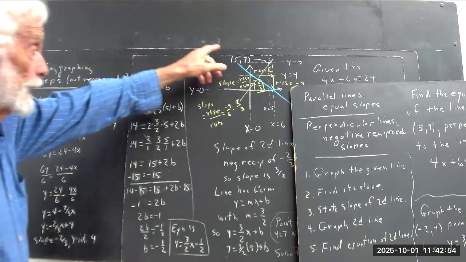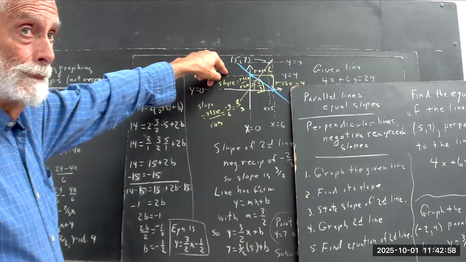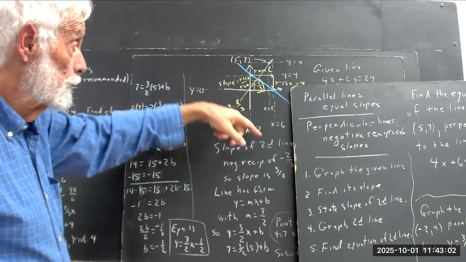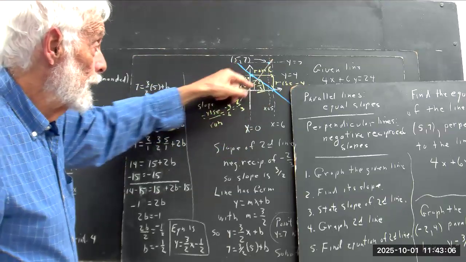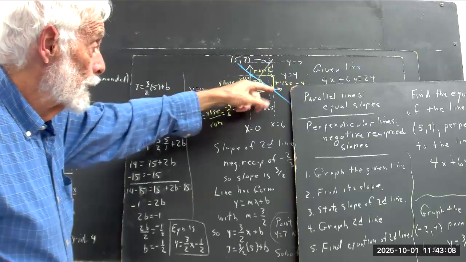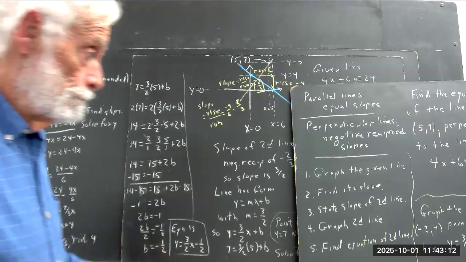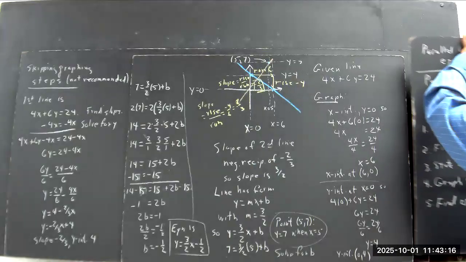And we notice that that completely tells us the same thing that our graph of the first line told us. Slope was negative 2/3. The y-intercept was at 0, 4. The x-intercept, of course, we also found. So everything is completely consistent.